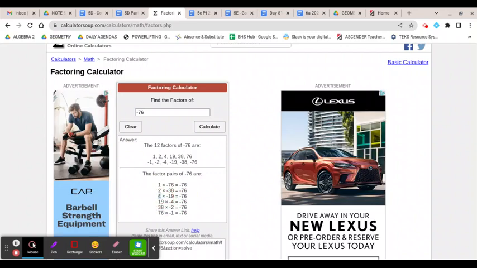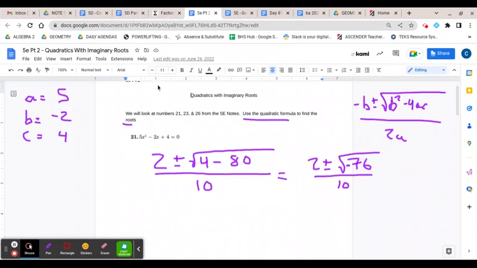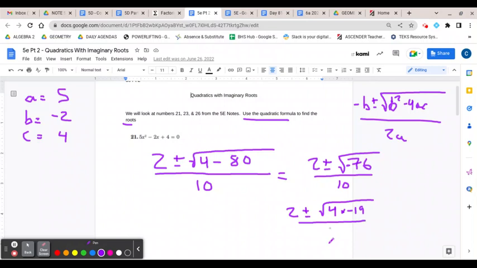Okay, so we'll have 4 times negative 19. Right. So we can rewrite this thing as 2 plus or minus the square root of 4 times negative 19 over 10.